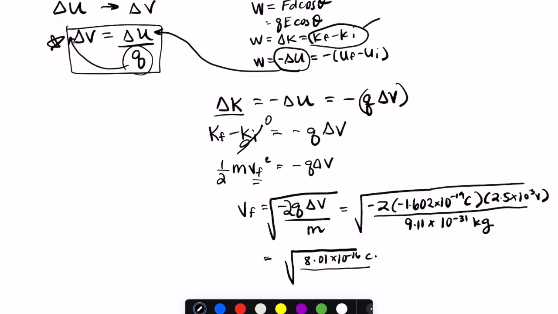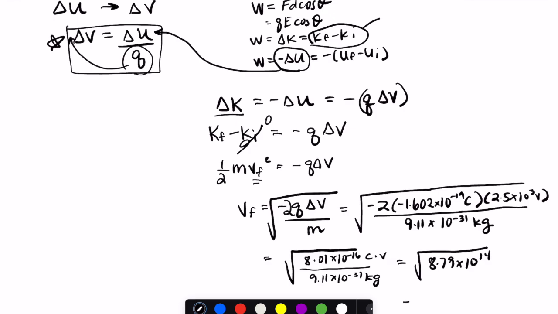That's coulombs times volts. Denominator, 9.11 times 10 to the minus 31.